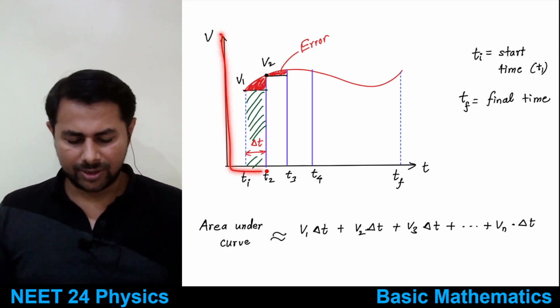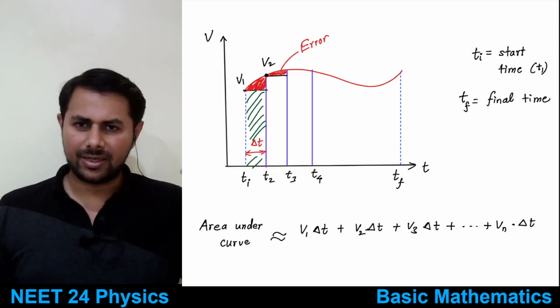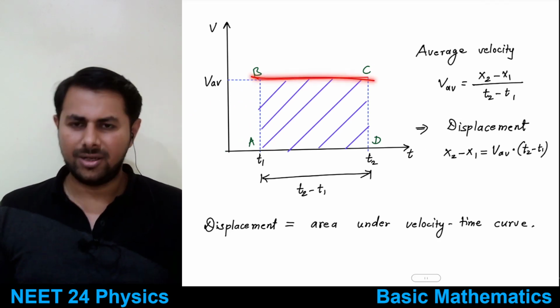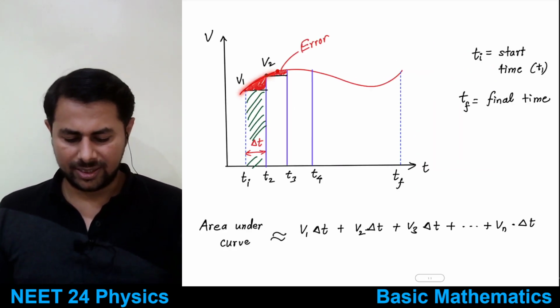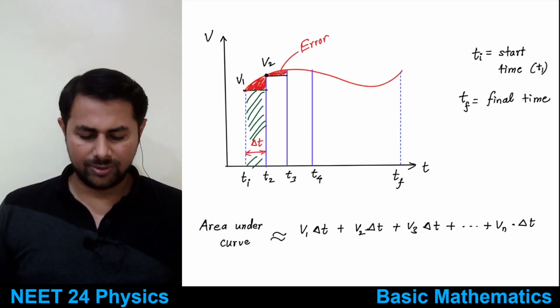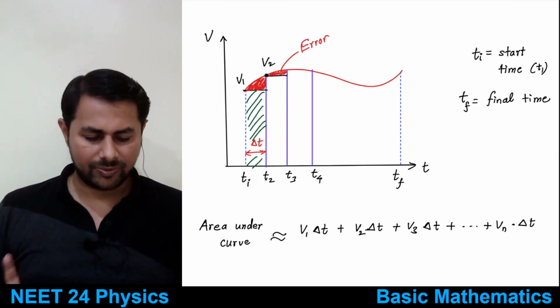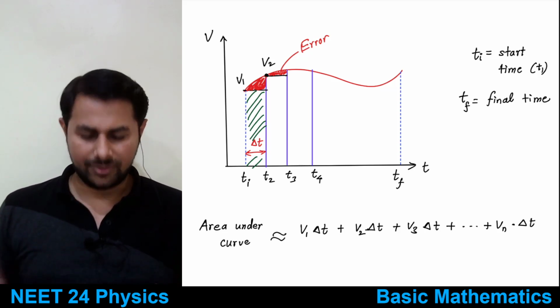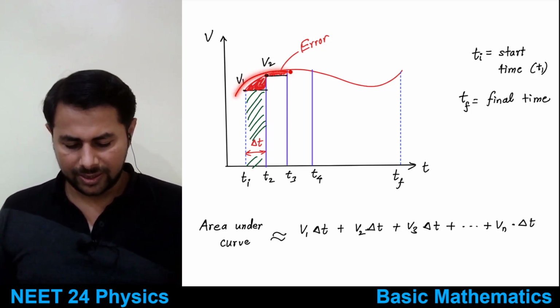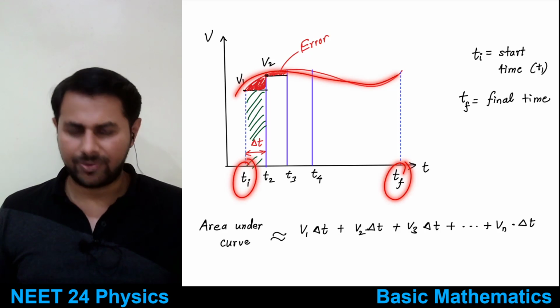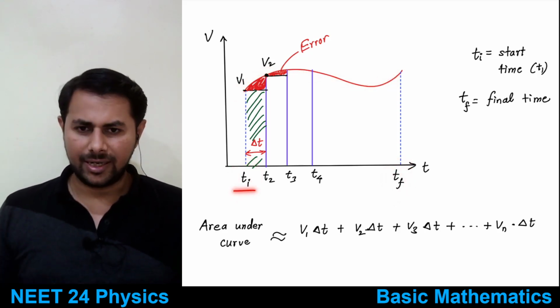So the graph of velocity versus time may be a straight line like this one, or it might be anything like this one. So to find the displacement, we find the area under the curve. I want to find the area under this curve from initial time ti to final time tf.